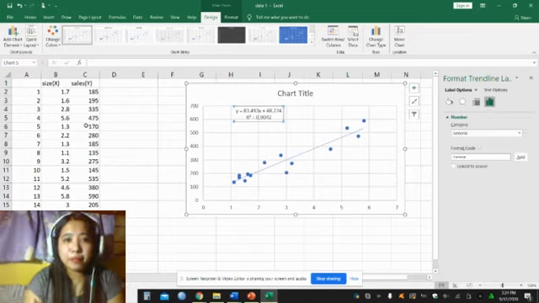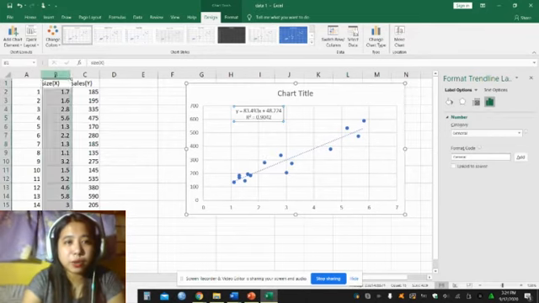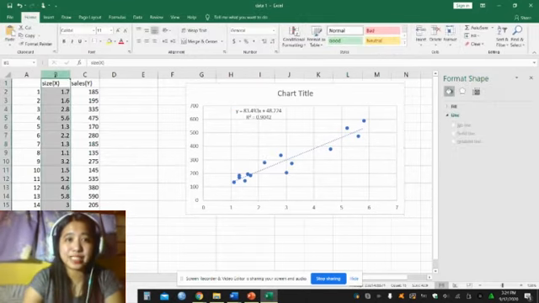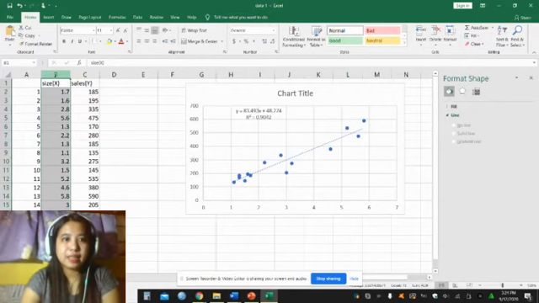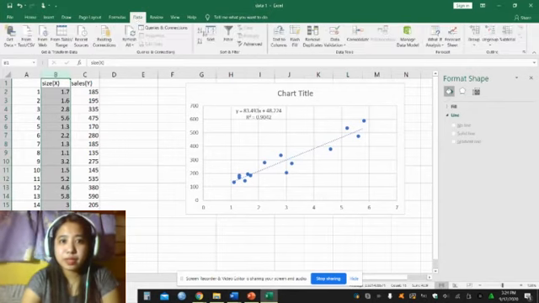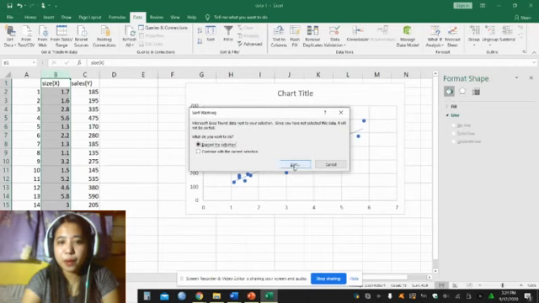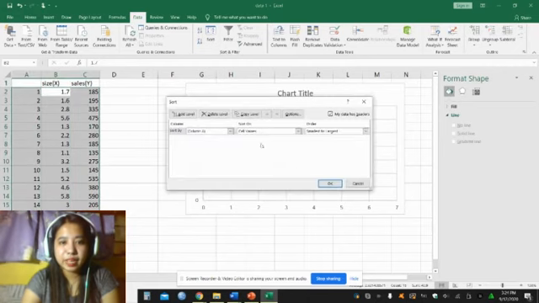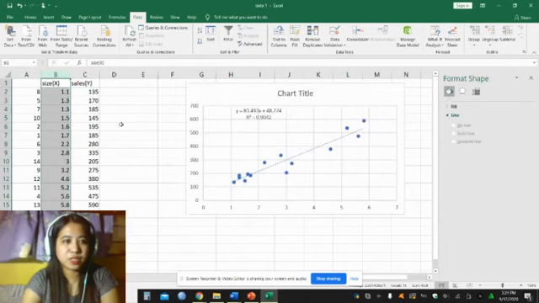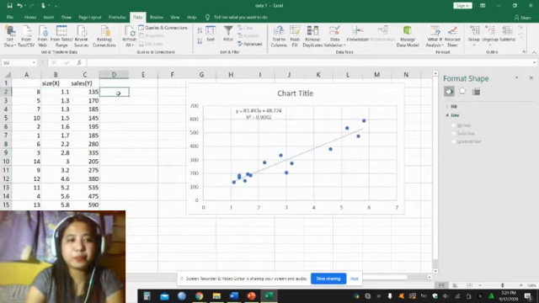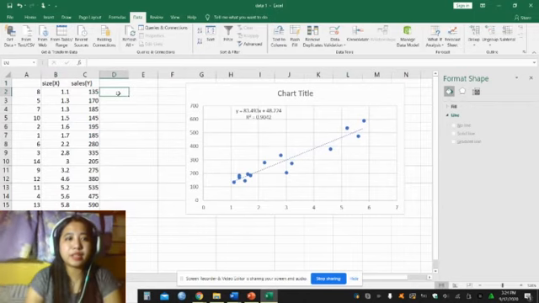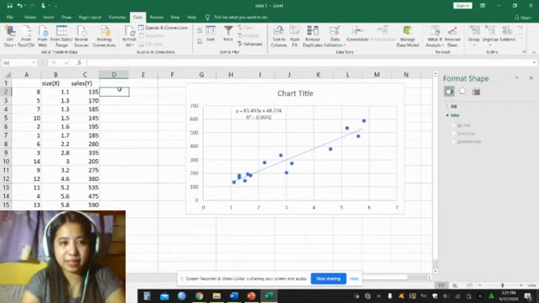To come up with the relevant range, we are going to sort our data from lowest to highest according to its size. So our interpolation covers values of x ranging from 1.1 to 5.8.